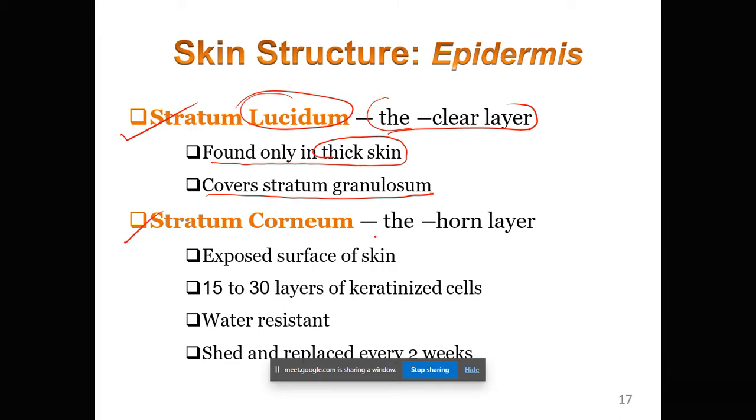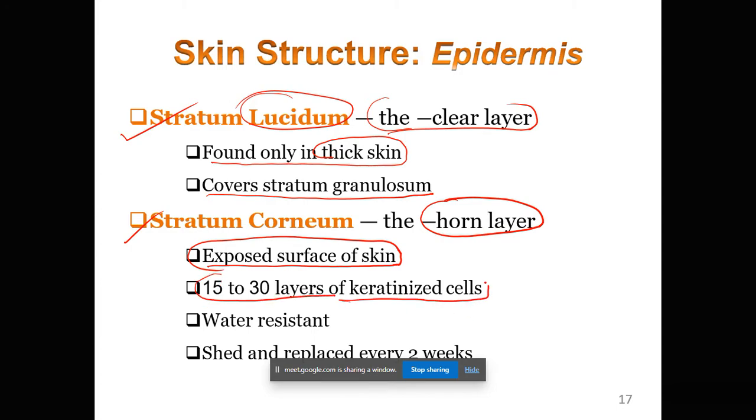So what about the stratum corneum? It is the horn layer. Okay, the exposed surface of the skin is made up of the stratum corneum. So how many layers? 15 to 30 layers of keratinized cells.